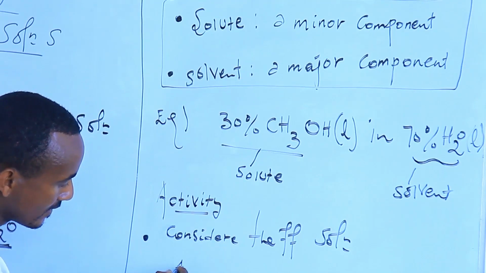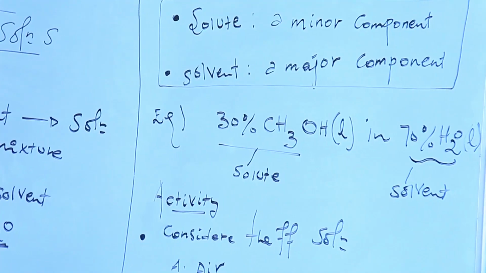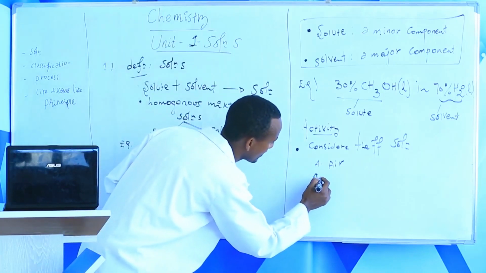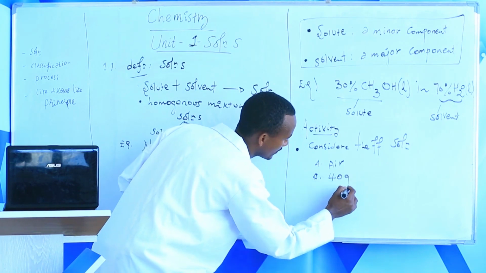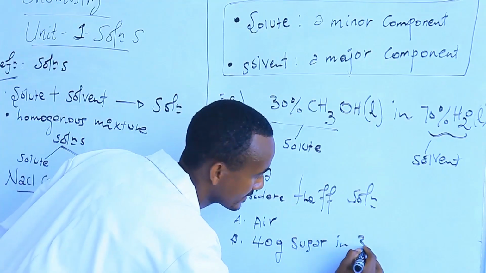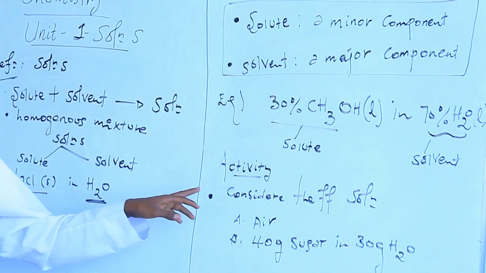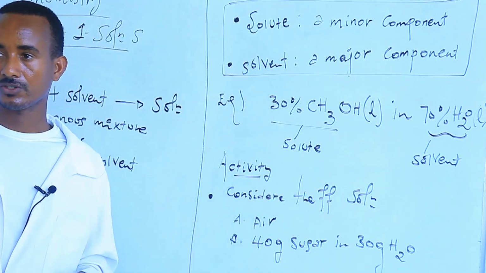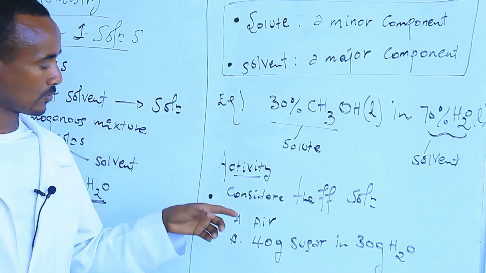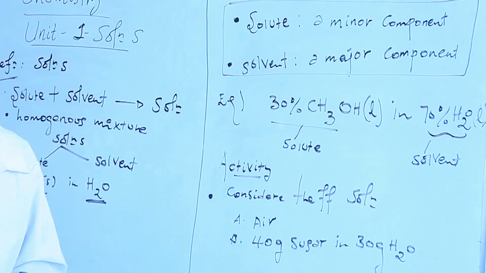The first one is air, and the second one is a solution which is made by dissolving 40 grams of sugar in 30 grams of water. Okay? By considering the following solutions, you are expected to write separately the solid and the solvent for these solutions.